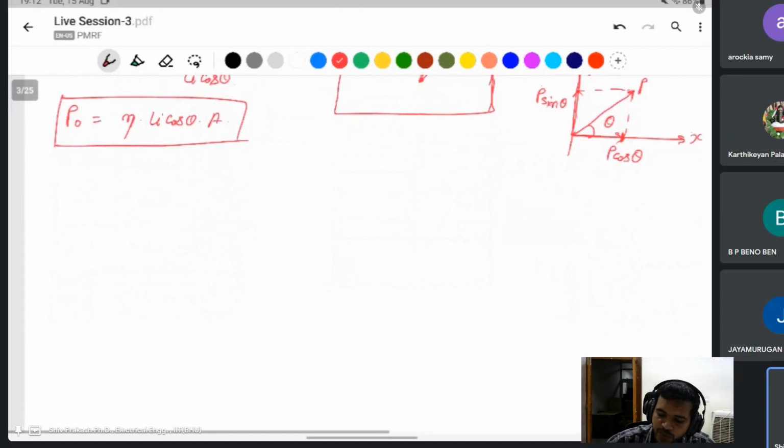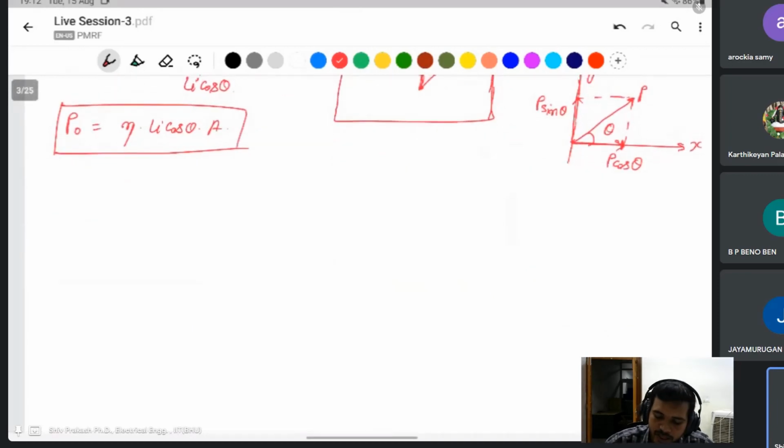But you know the spectral irradiance, we measure in kilowatt per meter square per unit wavelength.